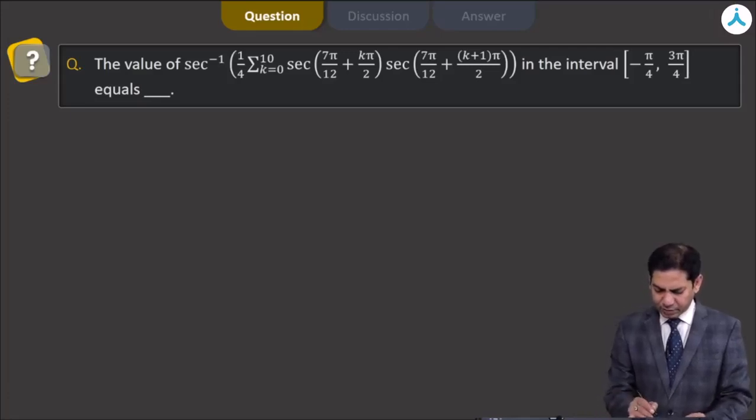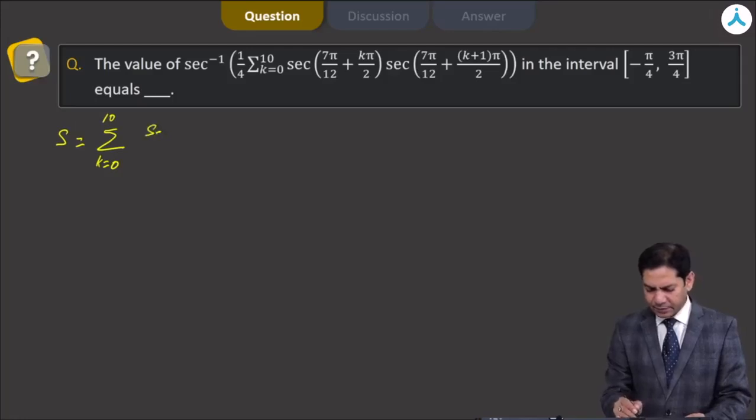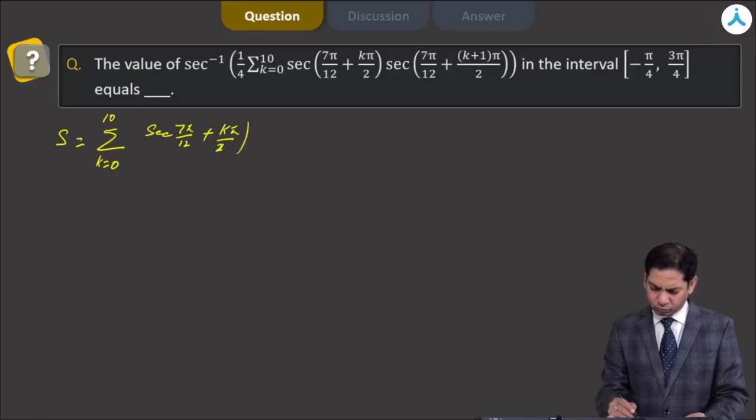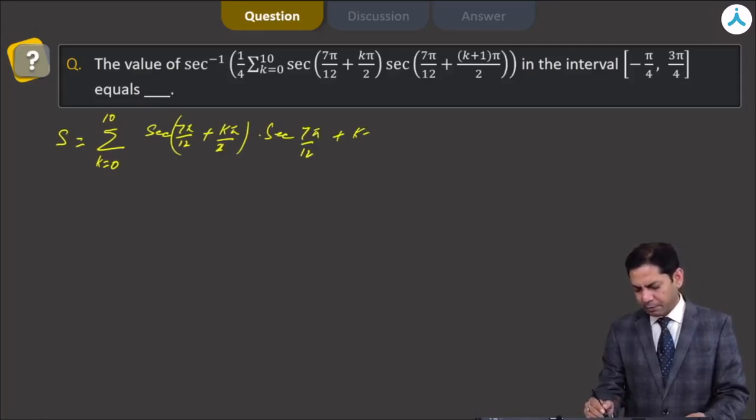This summation, let's call it S. This is the summation for k equal to 0 to 10 of 1 by sec(7 pi by 12 plus k pi by 2) multiplied by sec(7 pi by 12 plus (k plus 1) pi by 2).